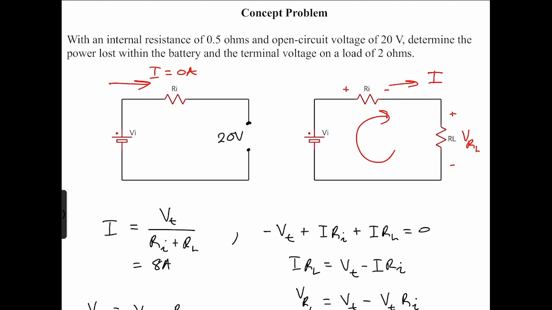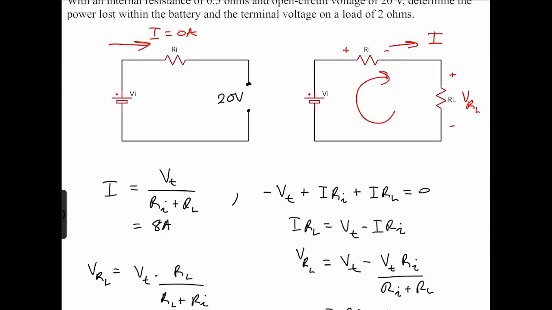In the previous video, we evaluated the maximum power condition, and we expressed that the power delivered to the load is at its maximum when the load resistance is equal to the internal resistance, so we match the resistance.